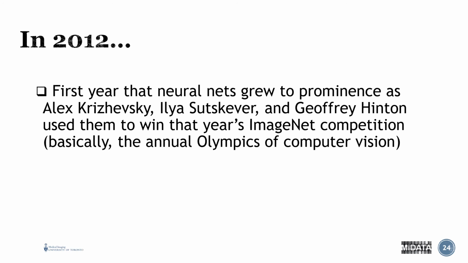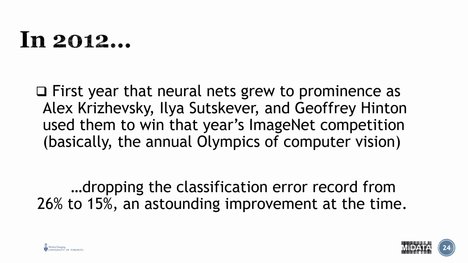Now, 2012 was the first year that neural networks grew to prominence, as three researchers from the University of Toronto, including Geoffrey Hinton, of course, used them to win that year's ImageNet competition, which is basically the annual Olympics of computer vision. They did so by dropping the classification error record from 26% to 15% in a single competition. This, of course, was an astounding improvement for the time.